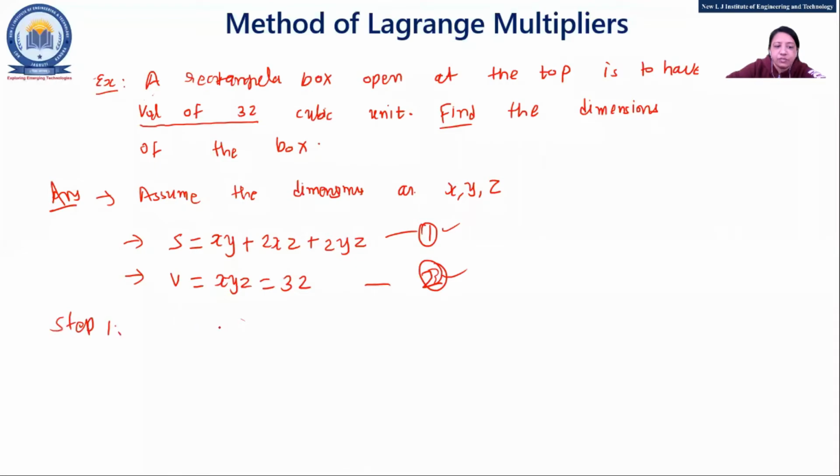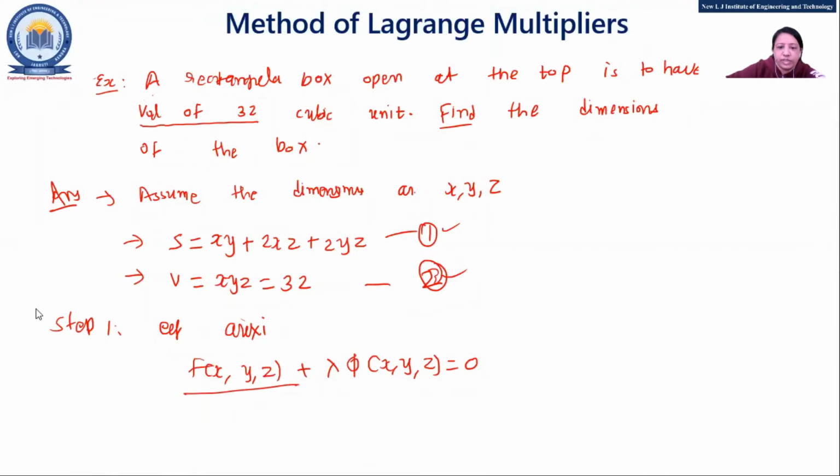Step 1 is to write the auxiliary equation: f(x,y,z) plus lambda phi(x,y,z) equal to 0. Remember f is equation 1 and phi is equation 2.